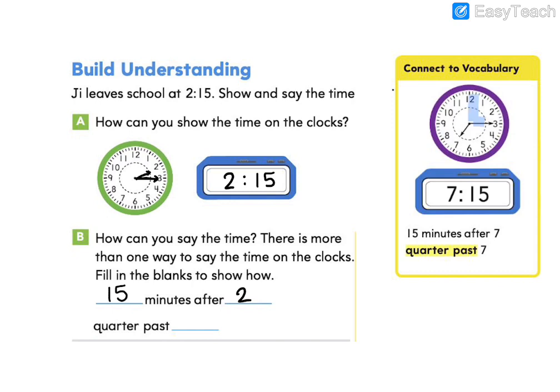If I split it into 4 sections, you can see that 15 minutes is 1/4 of the clock. So we can say it's a quarter past 2.